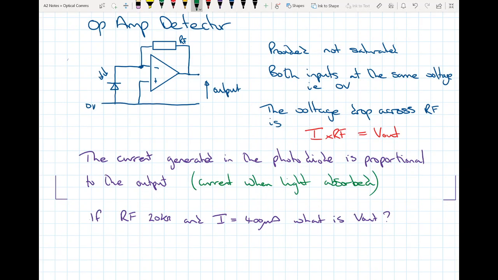A question along this sort of line would be to work out what V out would be. So we've got 20k times 400 microamps, which gives an output voltage of 8 volts. That's I times R.